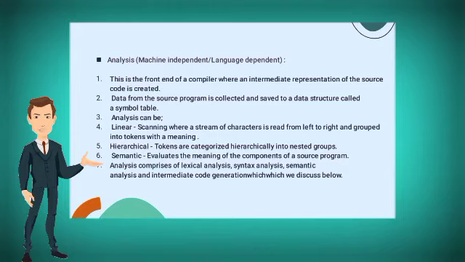Fifth, hierarchical analysis, where tokens are grouped hierarchically into nested groups. Sixth, semantic analysis evaluates the meaning of the components of a source program. Analysis comprises lexical analysis, syntax analysis, semantic analysis, and intermediate code generation, which we discuss below.